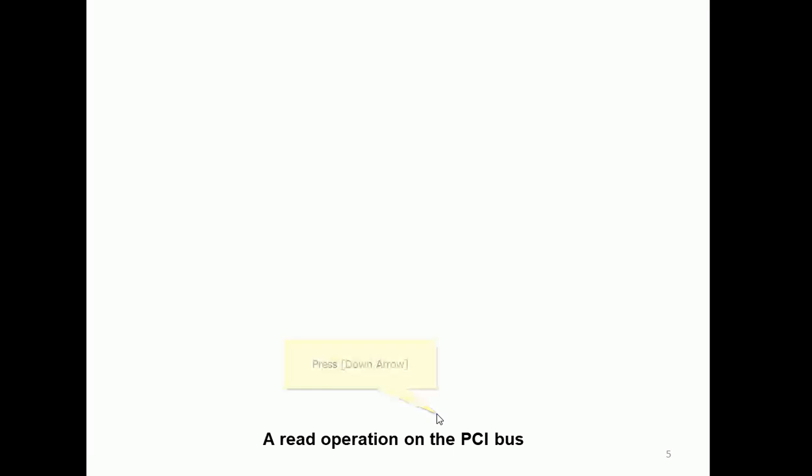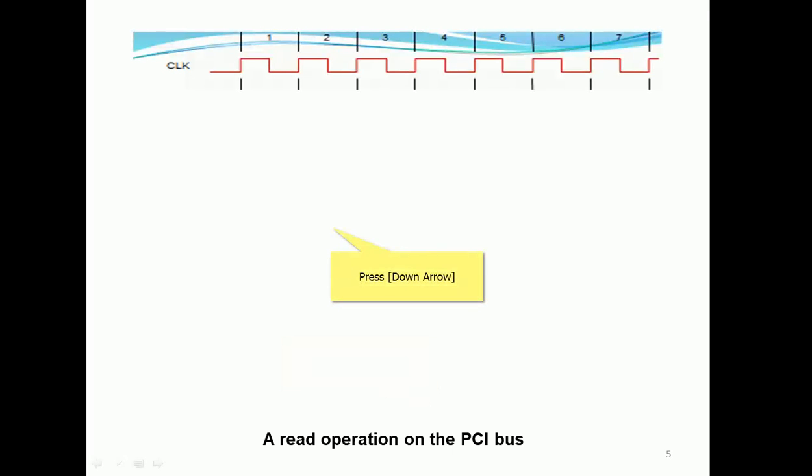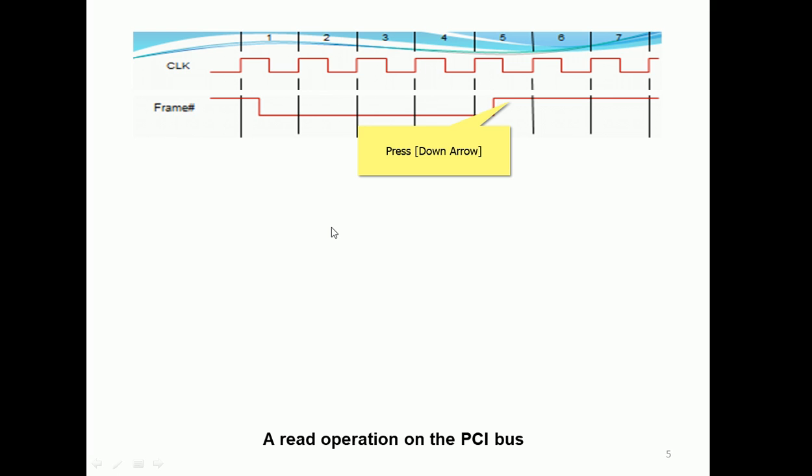So the read operation on the PCI bus will be happening. There are 7 clock pulses used to discuss this read operation on the PCI bus. So we have the frame, which covers the data transfer that is going on. It is negated during the first clock pulse, and becomes normal at the 5th clock pulse.